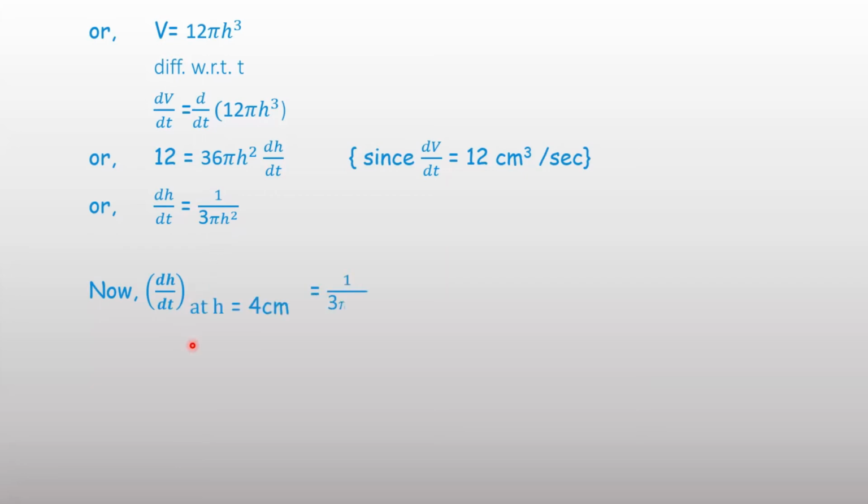Therefore, dh by dt at h equal to 4 centimeter equals 1/3 pi, and the value of h is 4 square, equal to 1/48 pi, and the unit is centimeter per second, because the unit of height is centimeter and time is second. Therefore, the rate of change of height with respect to time is 1 upon 48 pi centimeter per second.